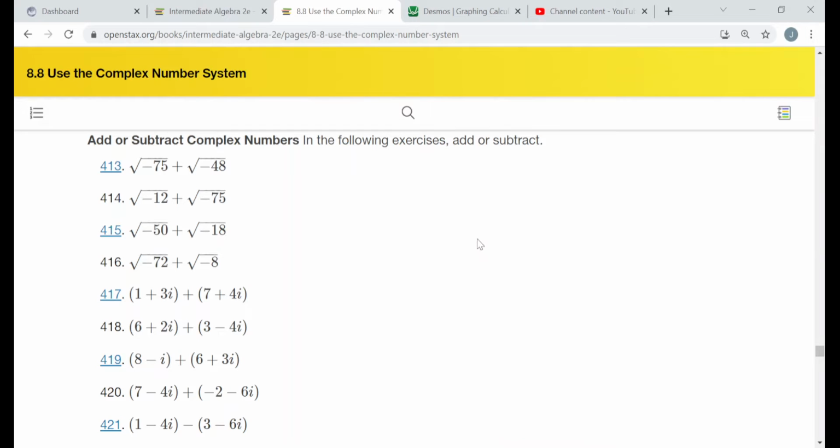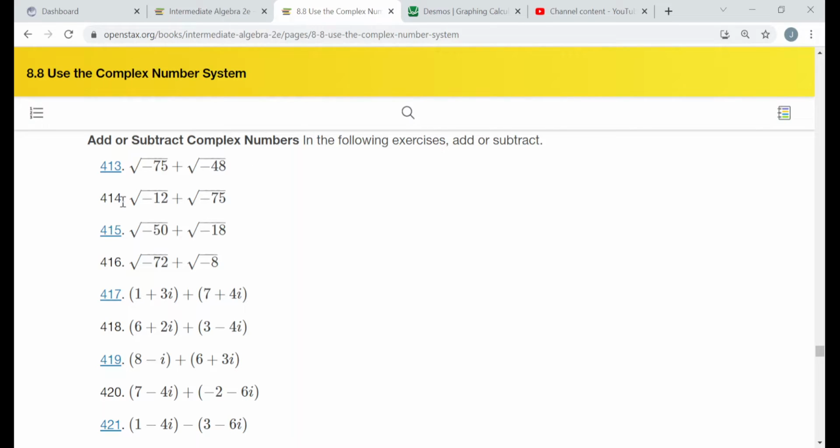All the exercises I'm going to be doing in this video are taken directly from a free online textbook at openstax.org, their Intermediate Algebra 2nd edition text. I'll be working under the heading Add or Subtract Complex Numbers.